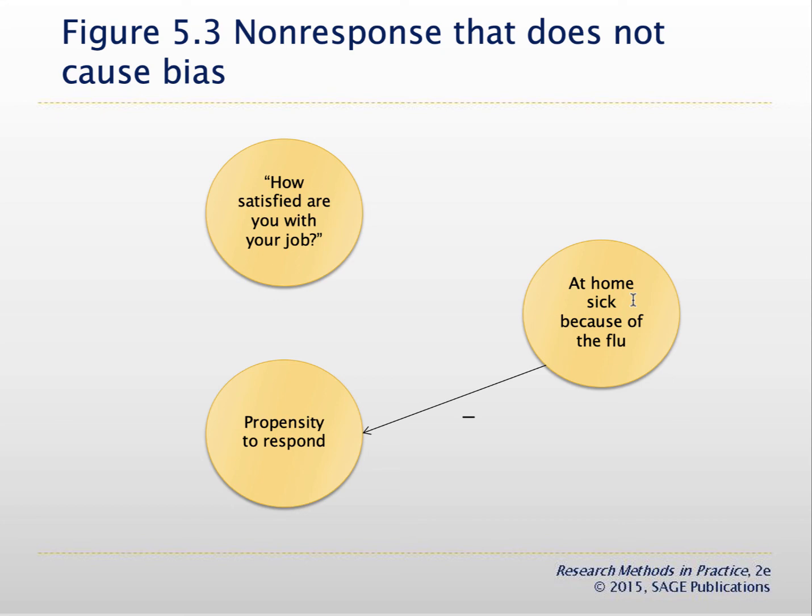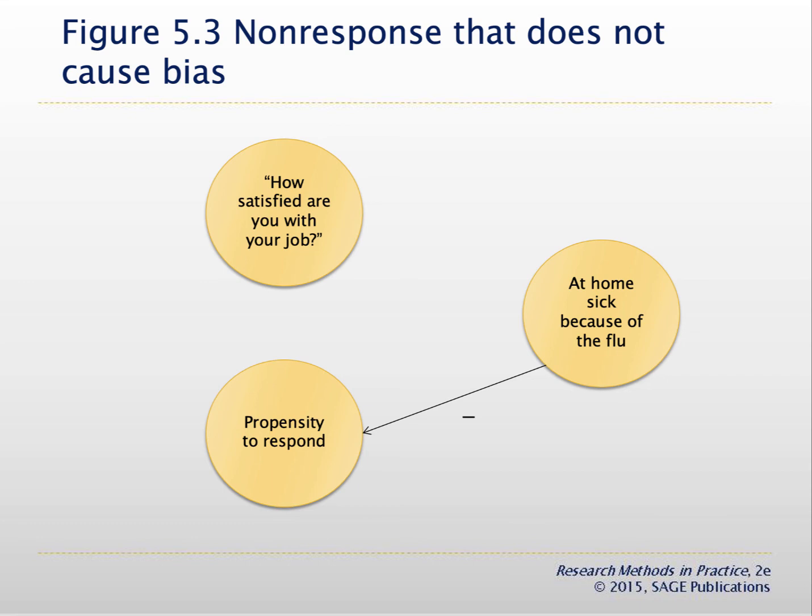But if being home sick with the flu is unrelated to job satisfaction, it won't cause any bias. We won't have people who are more satisfied with their jobs disproportionately reported, or people less satisfied. So this non-response problem won't cause bias.